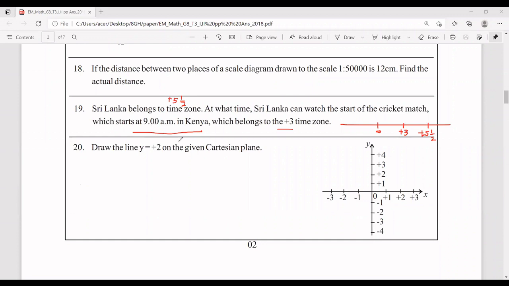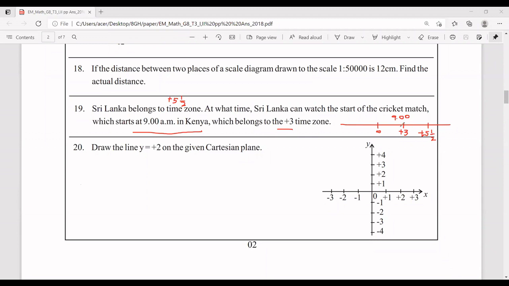Kenya time is 9 a.m. You know the Kenya time zone is 3. You have to find the time of Sri Lanka.